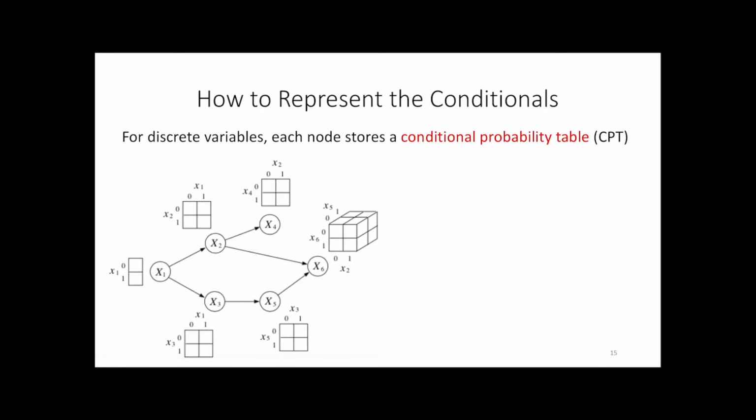Here I have six random variables, and I'm assuming that each of those can be 0 or 1. So in total, I have six random variables, and each of those can have two possibilities. If I don't know this probabilistic graphical model structure, the joint density between x1 through x6, assuming no structure, needs 2 to the power of 6 minus 1 parameters, of course minus 1 because it should sum to 1.